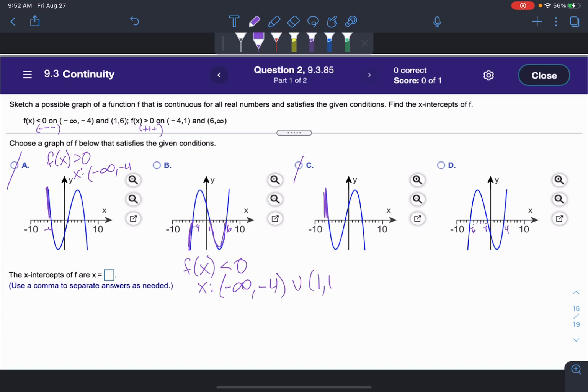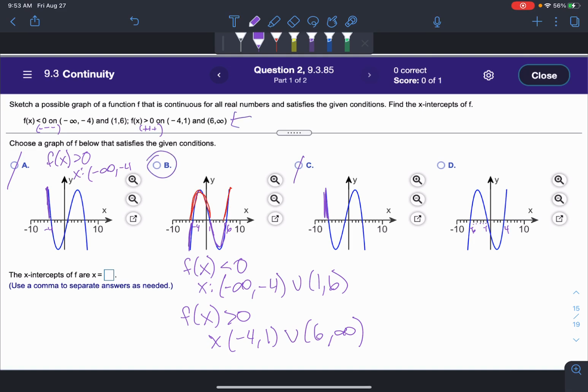And then f of x is greater than 0, or positive, when my x's are between -4 and 1, I'll write it this way, in between that interval, and then from 6 to infinity. So that matches what we were given, right? So B is most likely our answer, but let's write them out for D just to make sure.